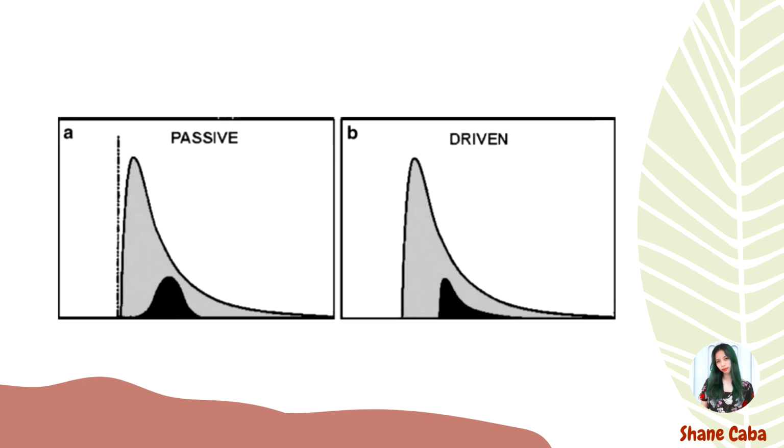If the trend is passive, as you can see in letter A, and results from an increase in variance that is bounded at the low end, then groups falling within the distribution and away from this lower limit should not show a skewed distribution for the trait. On the other hand, if the trend is driven and there is some factor that drives increases in the trait, which you can see in letter B, then groups not near the low or high end should nonetheless display a skewed distribution for the trait as well.